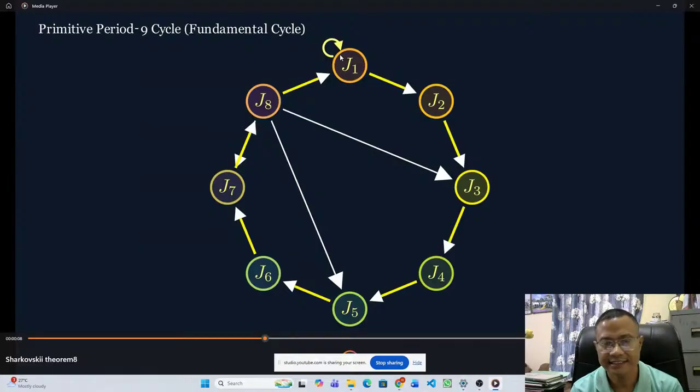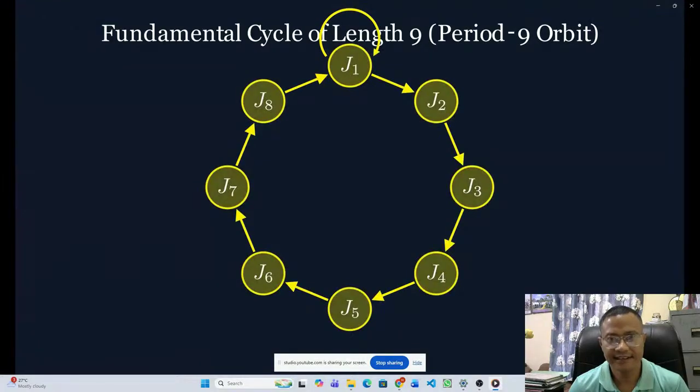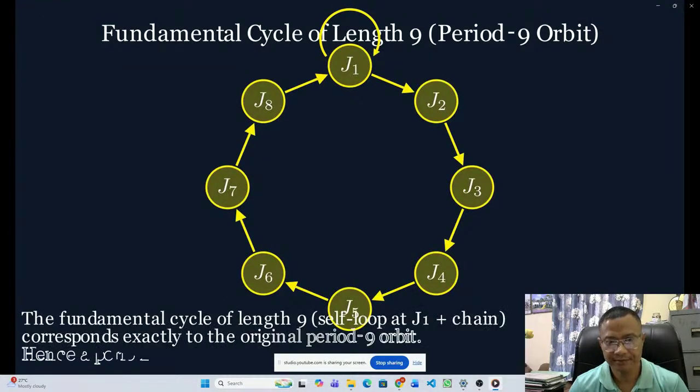Therefore, there exists a periodic point of period 9. So that is what we have learned about the fundamental cycle, the Markov graph and a periodic point. The Markov graph explains the Sharkovsky theorem very nicely.